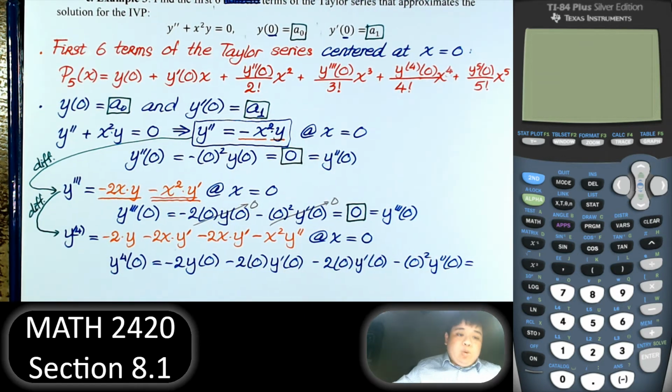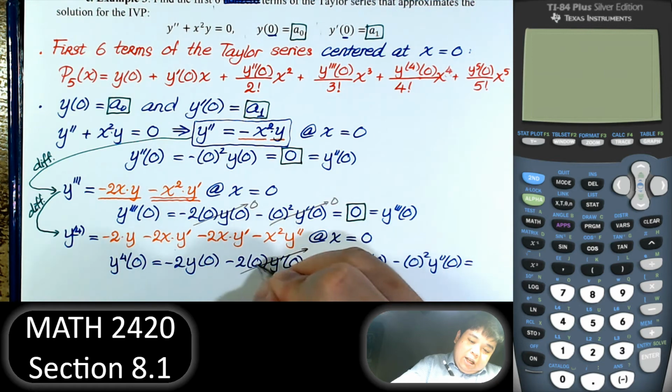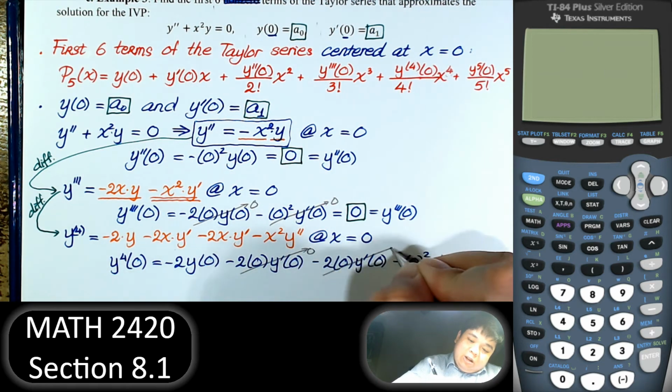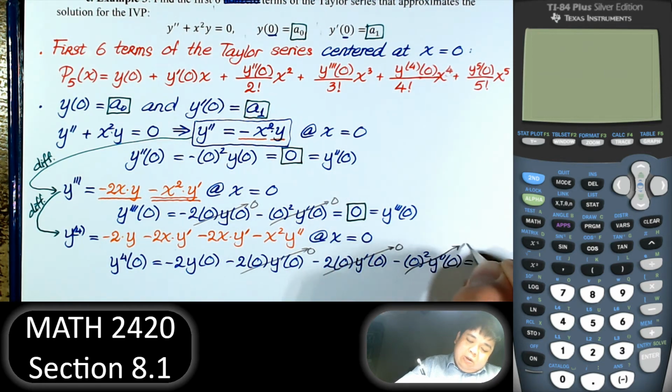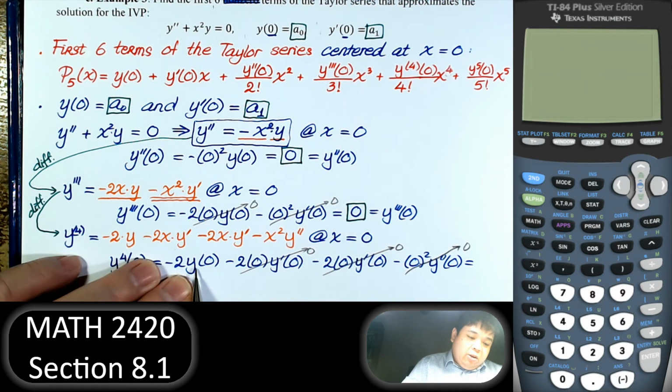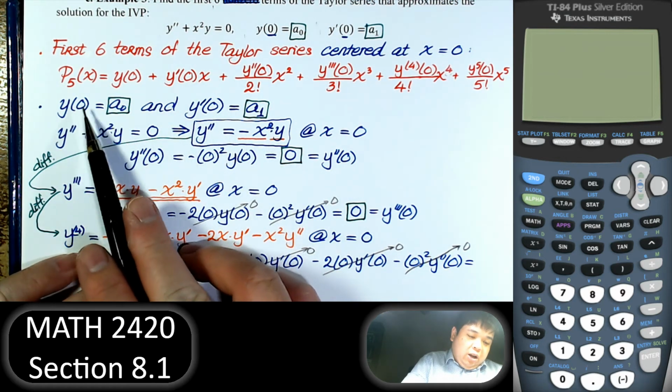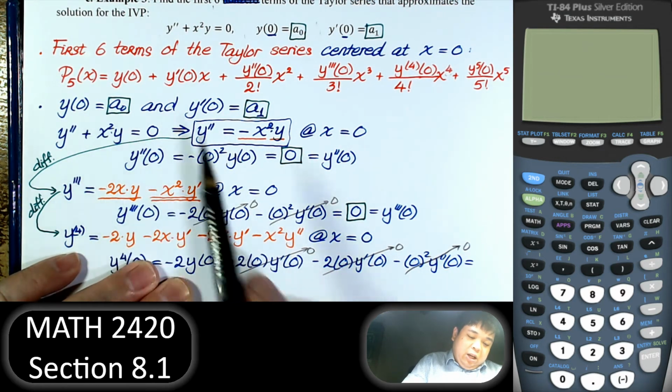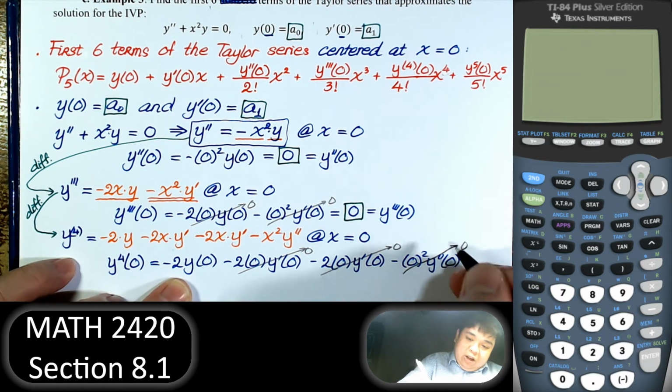Right, so what do we have here? That has 0, so go to 0. That one has 0, go to 0. That goes to 0. Y of 0 is equal to a naught, so negative 2 a naught.